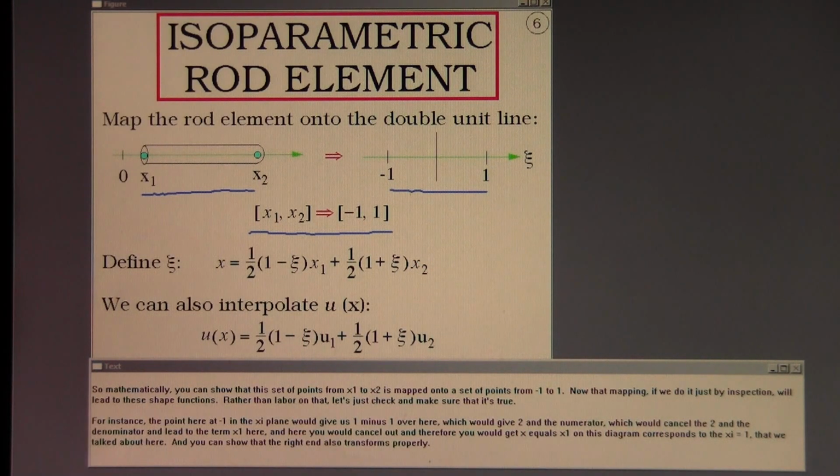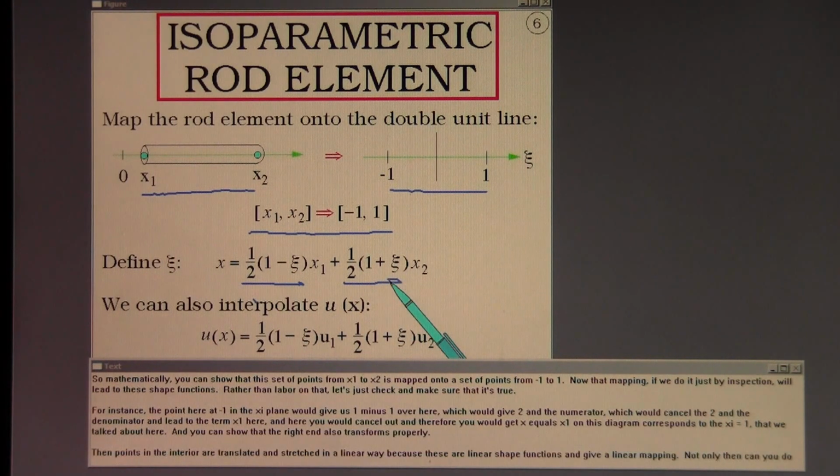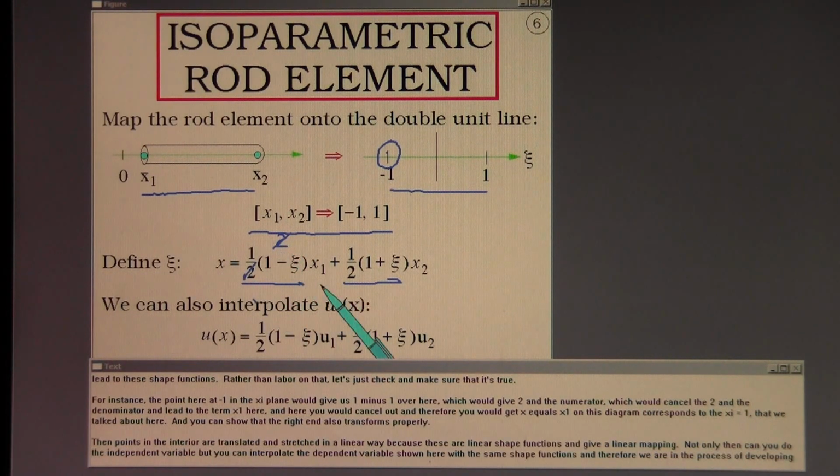Now that mapping, if we do it just by inspection, will lead to these shape functions. Rather than labor on that, let's just check and make sure that it's true. For instance, the point here at c equals -1 would give us 1 minus (-1) over here, which would give 2 in the numerator, which would cancel the 2 in the denominator and lead to the term x1 here.